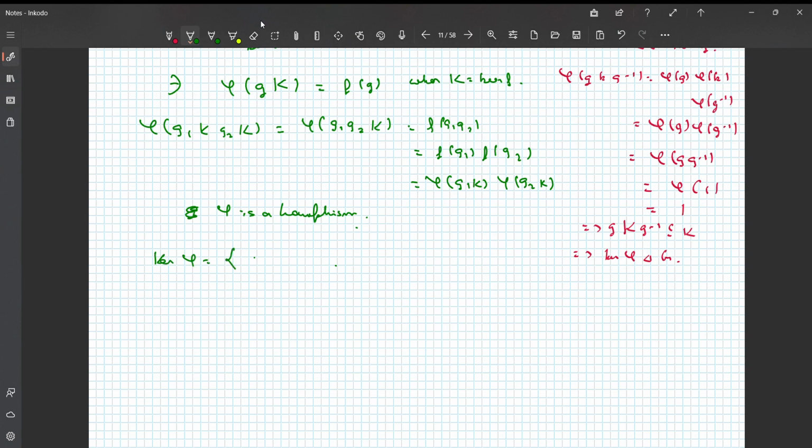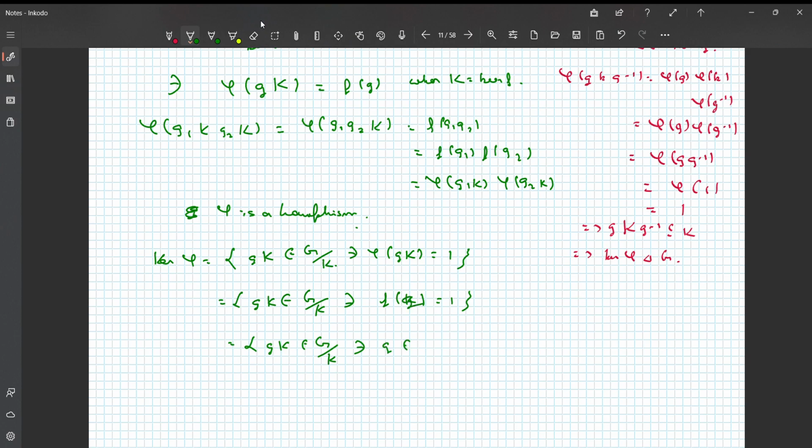So what is kernel of phi? So kernel of phi is the set of all those elements GK in G mod K such that phi of GK is equal to 1. Right? But this implies phi of GK is nothing but F of G equals 1.